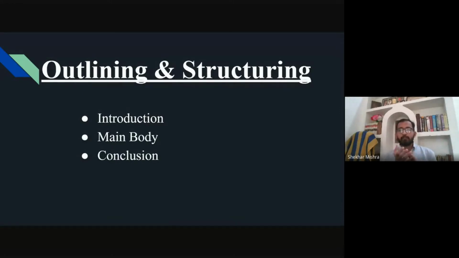What are the contents of the speech that matter? Introduction, main body, and conclusion. In the introduction, first of all, you have to greet. Then you have to start with an anecdote or a story. By anecdote and story, I mean something that is more appealing to the public, to the audience.